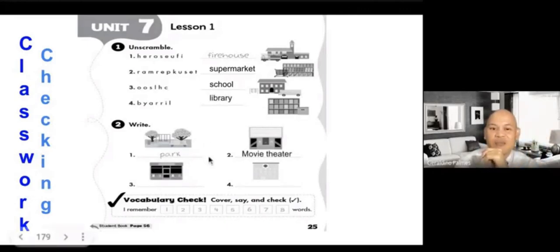Here, park, movie theater, and here, library. We already have library right there. Bookstore, very good. And the last one, hospital. So all this is the activity from lesson number 1.